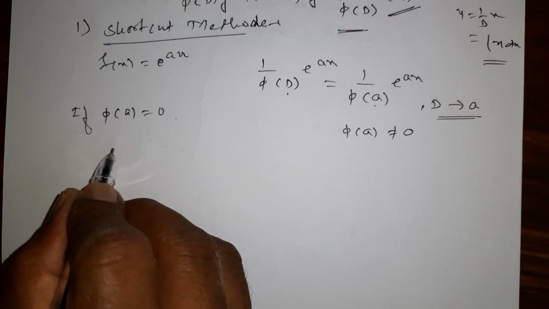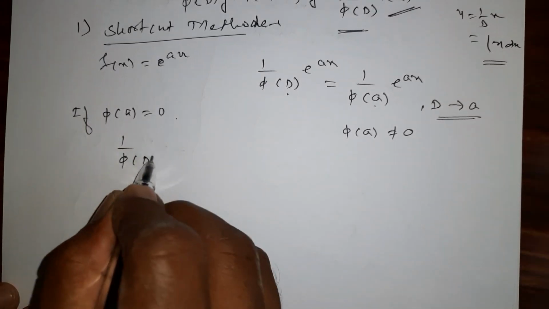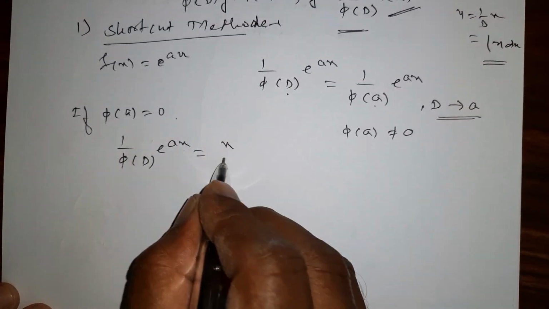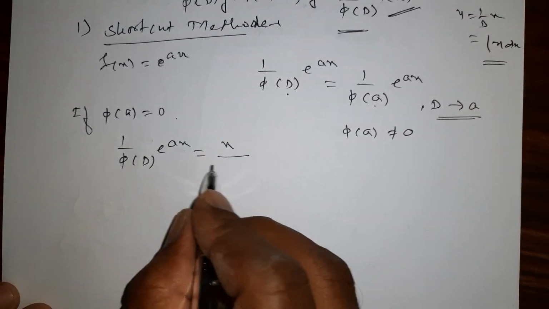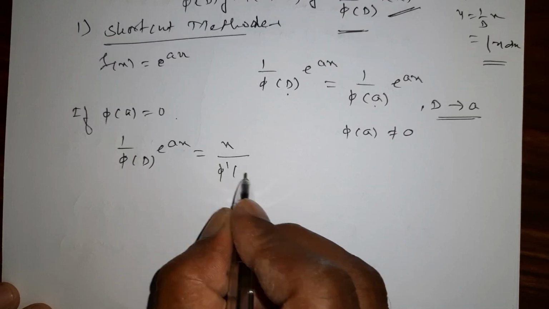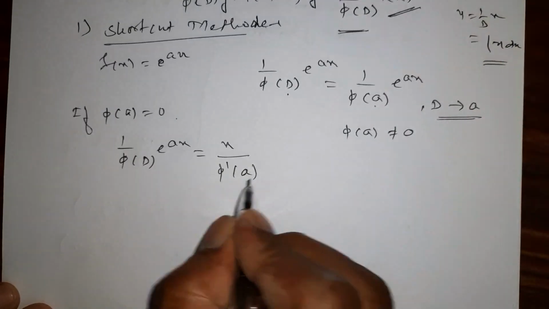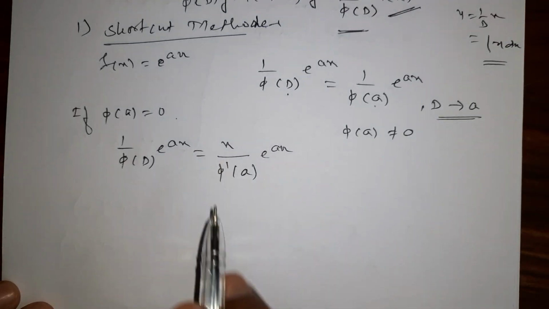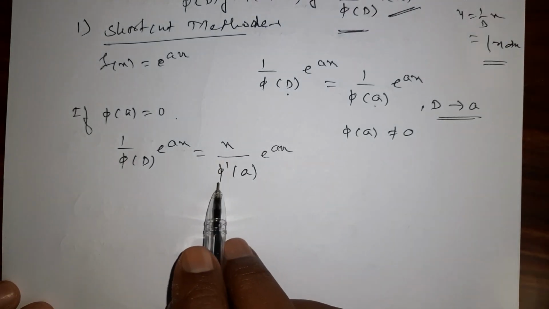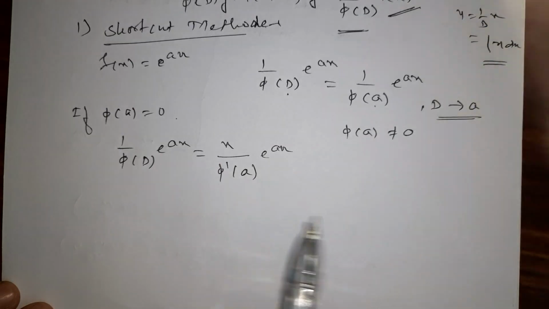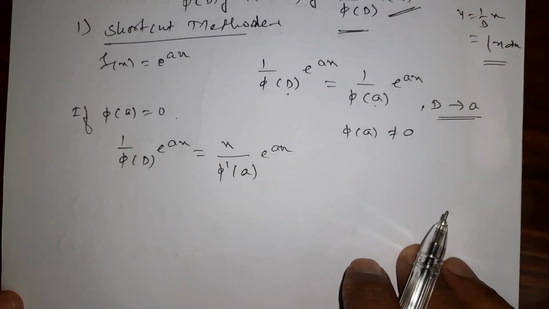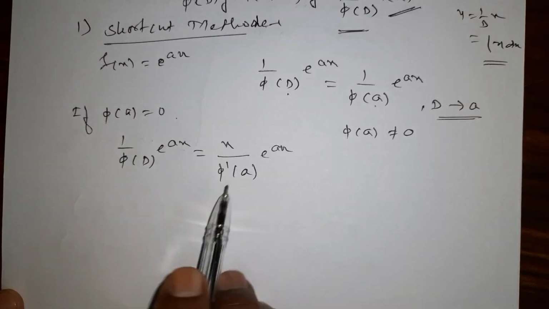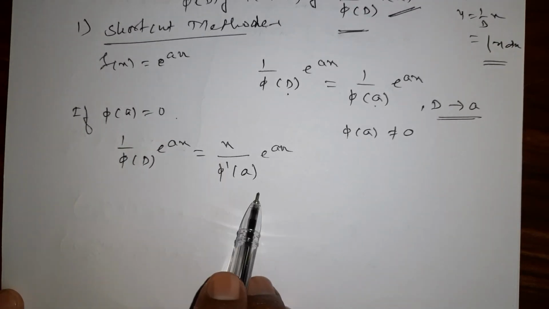So here, 1 upon phi of D operating on e raised to ax is equal to x times 1 upon phi dash of D, the derivative of the denominator with respect to D, and replace D by a, then e raised to ax. So whenever the denominator becomes 0, for any situation, multiply by x and take the derivative of the denominator.